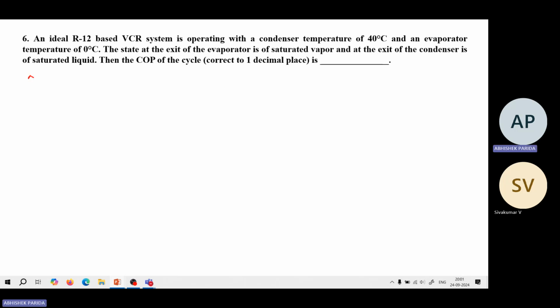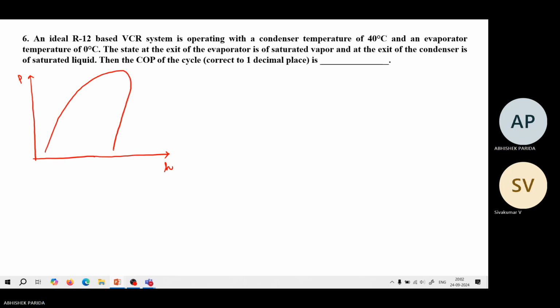First of all, in such type of question, in any applied thermodynamics question, always remember to start with drawing the cycle diagram. In refrigeration, mostly this curve will help you, the pressure-enthalpy curve.